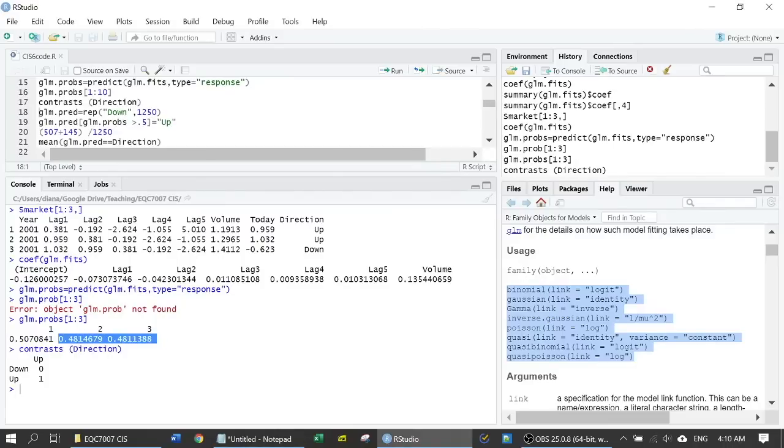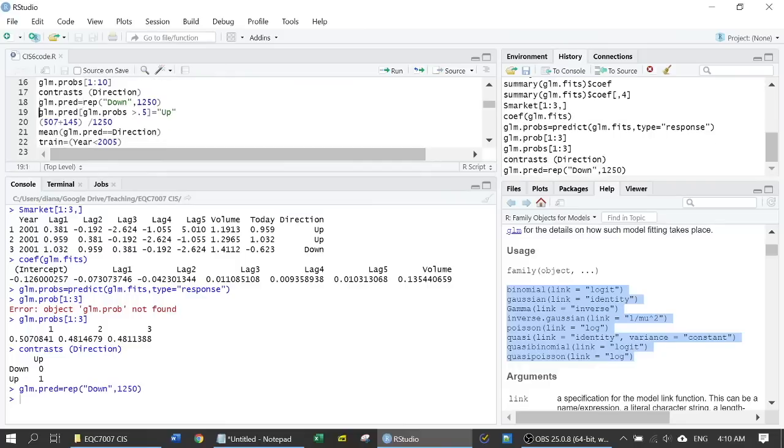The second and third, because they are lower than 0.5, we want to classify as down. So let me do this first. For glm.pred, we want to repeat down 1,250 times. So we just list down 1,250 times.